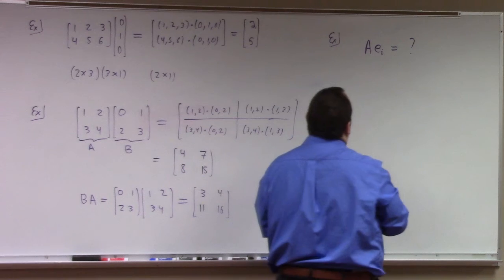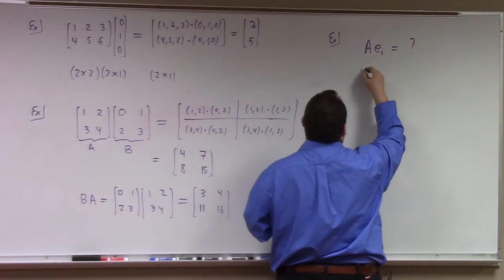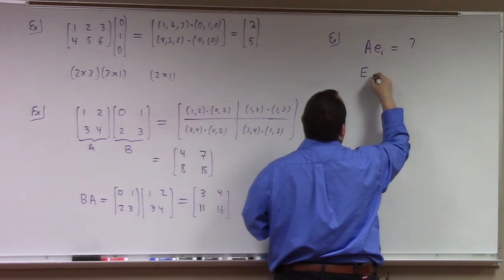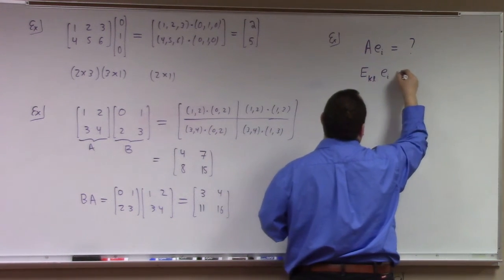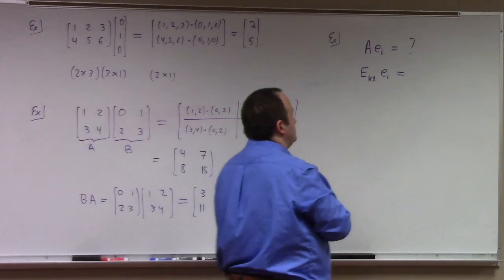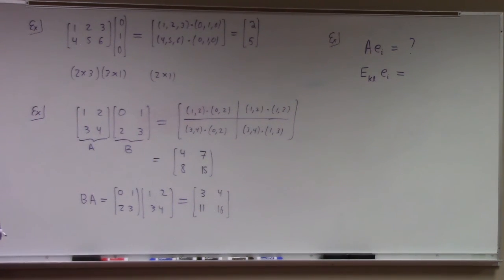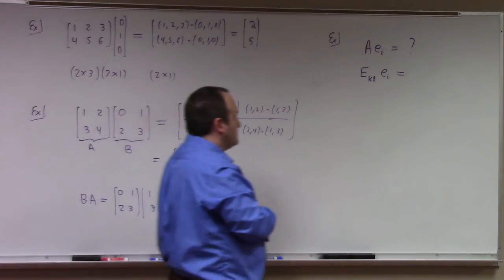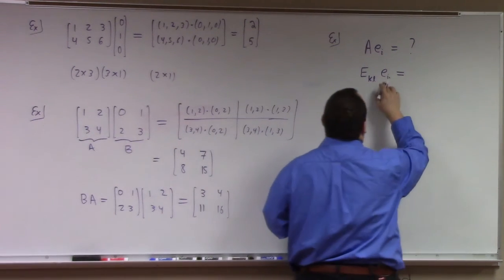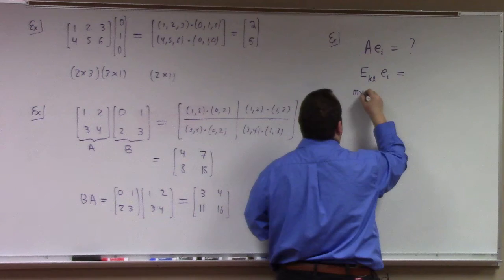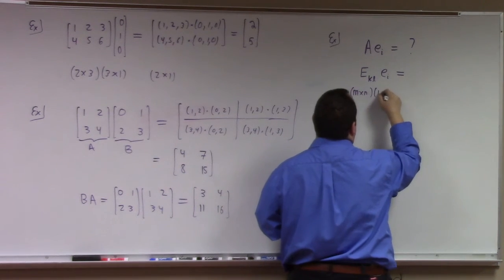Oh, I guess I actually do need to know, let's say E_kl times e_i, what's that going to be equal to? Suppose that, this makes sense. So this is an m by n, so this better be n by 1.